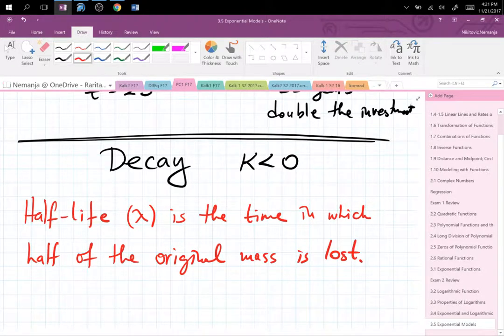Half-life is the time in which this 1 pound of stuff goes down to half a pound. Now, for radioactive elements, if you have 1 pound of stuff, you might have to wait 1,000 years for that 1 pound to go down to half a pound.